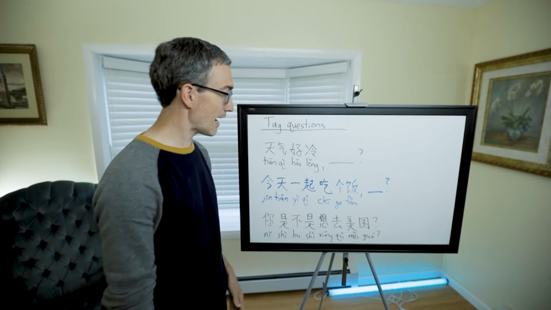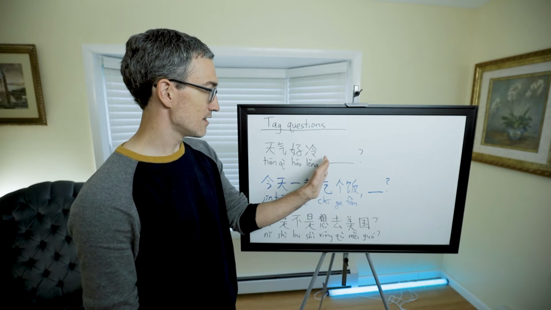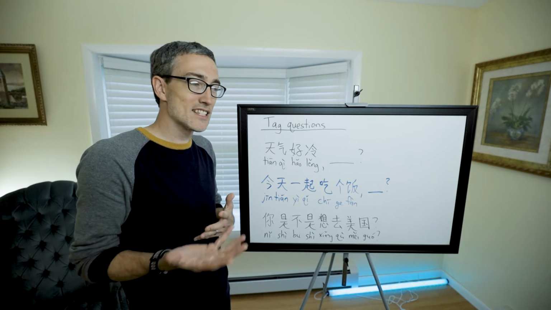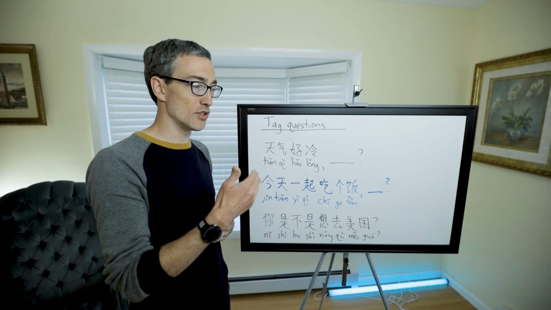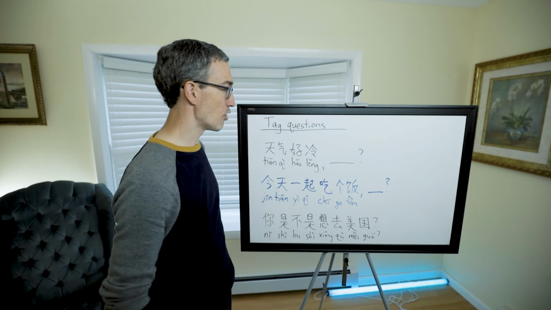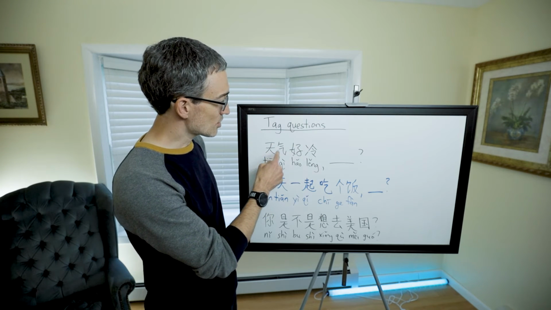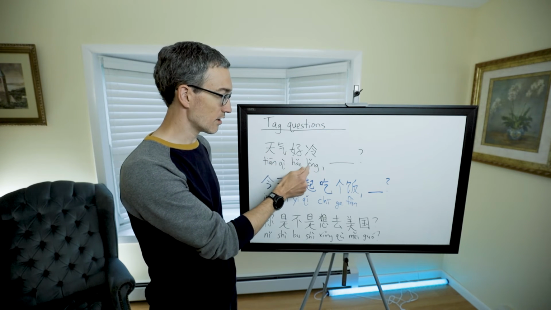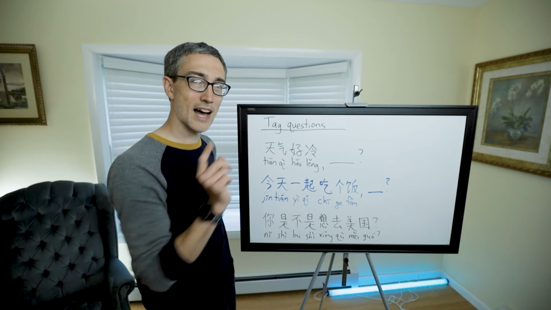Okay, so I put a blank here because there are so many different kinds of tag questions, and either the ma form or the affirmative-negative form can be thrown in here. Okay, so 天气好冷. What does that mean? 天气 is weather. 好冷, 冷 is cold. Here, 好 does not mean good.